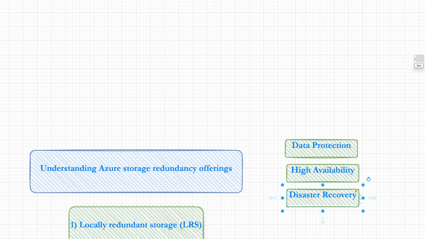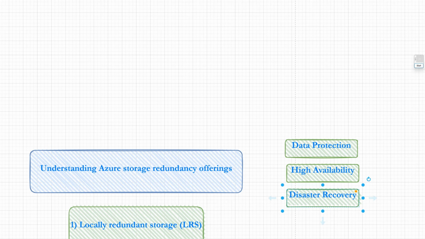Then the third one we can say is disaster recovery. In the event of any regional disaster, certain redundancy options allow you to get protected from data failures by storing that data in a secondary region. So it facilitates swift recovery and the continuity of your operations.